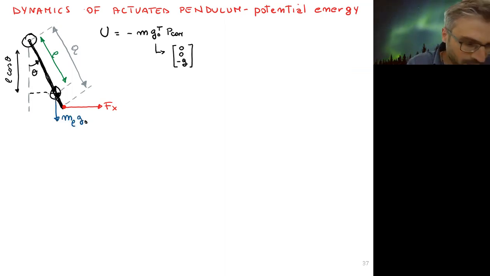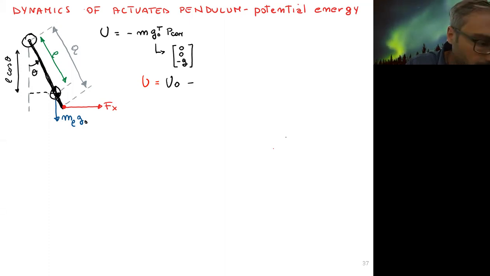So U0, we have an offset term that we will see how to set, and we project the vertical component of the P COM vector, which is L cos theta.